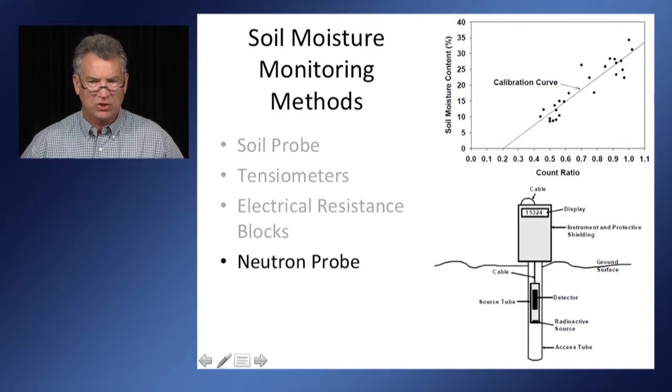Those fast particles that are emitted interact with water and become slower particles, which are then picked up by the detector. So the more water, the more slow-moving particles are out there, and the higher the reading for the detector. And this is how this operates in terms of identifying and returning a value of volumetric soil moisture to the user.